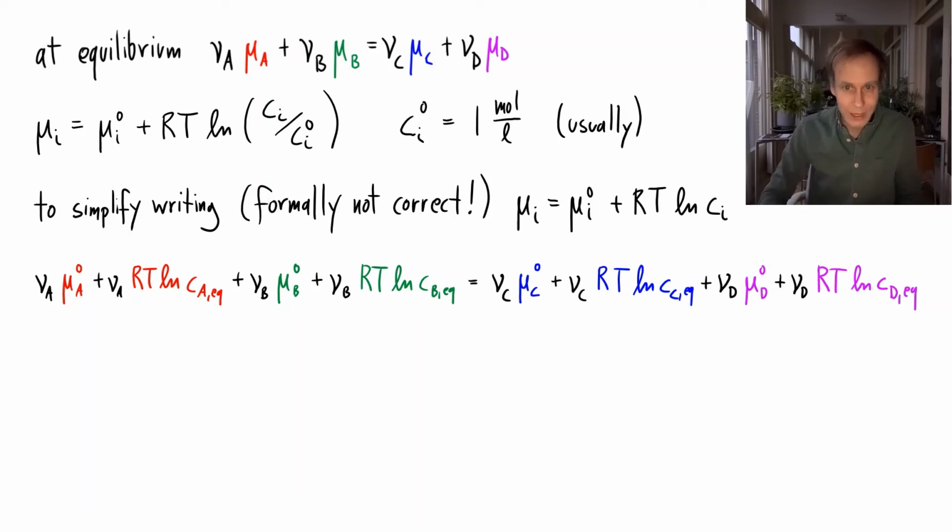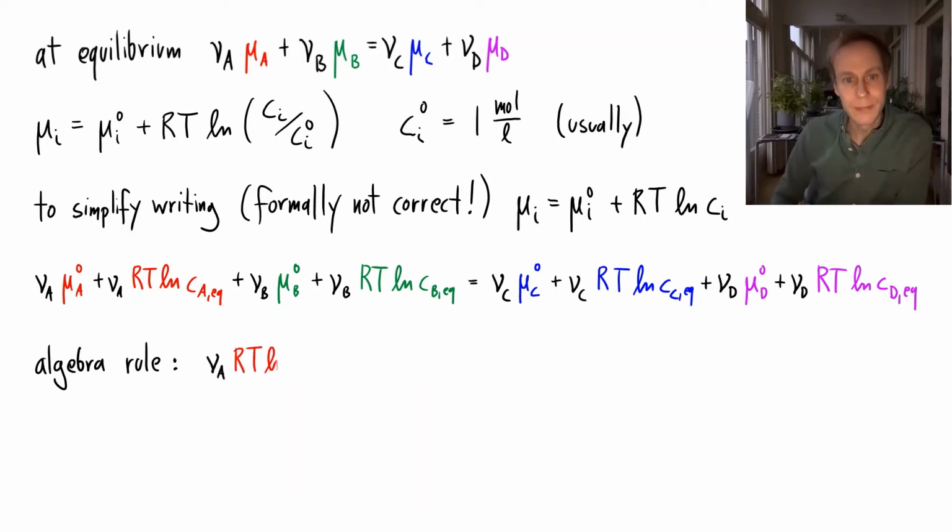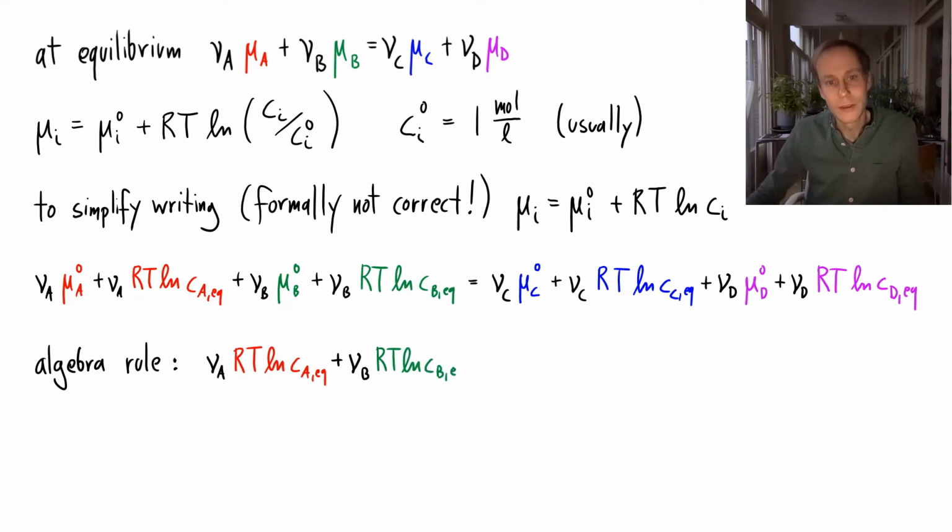Good. Now let me further modify this slightly long expression here with an algebraic rule that is very handy. So that algebraic rule that I want to show you, you probably already know it, is that if you have an expression like this, where you have a logarithm and you multiply it with some numbers before the logarithm, then you can actually take those numbers into the exponent of the expression in the logarithm.